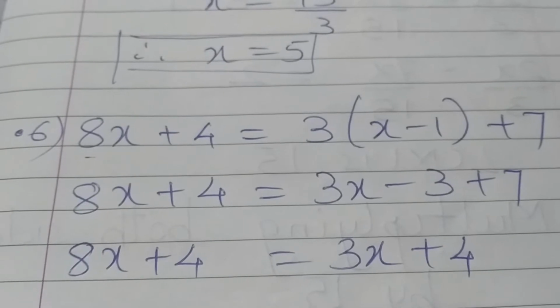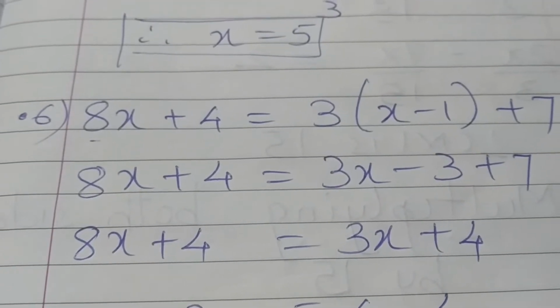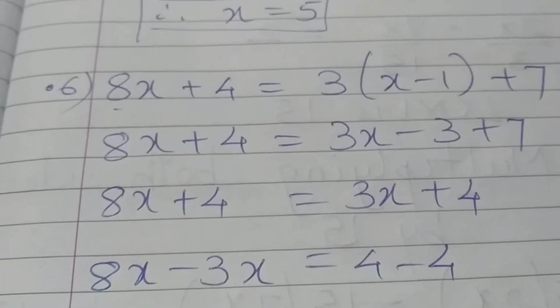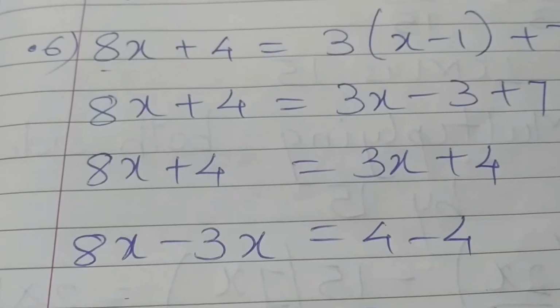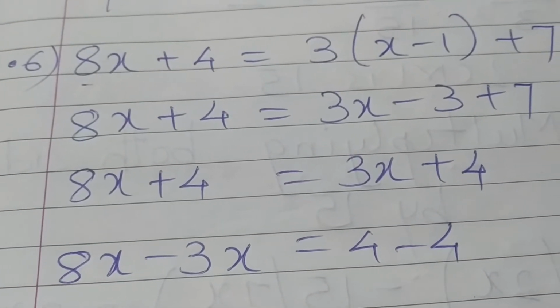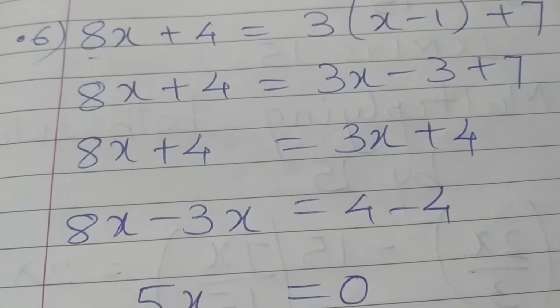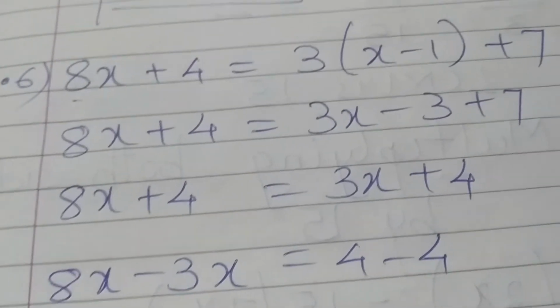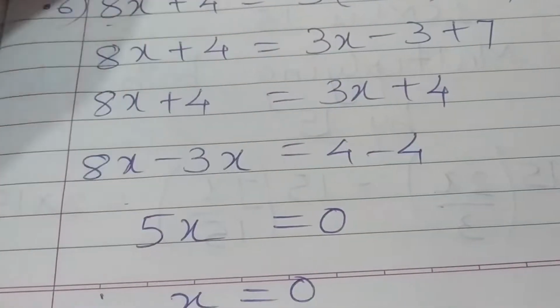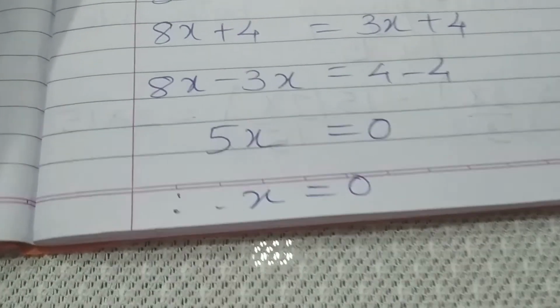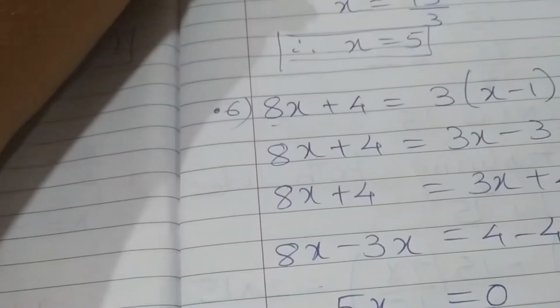So we get 8x plus 4 is equal to 3x plus 4. Now 8x minus 3x equal to 4 minus 4. What is 4 minus 4? 0. Sorry, 8x minus 3x is 5x. 5x equal to 0. So x is also 0.